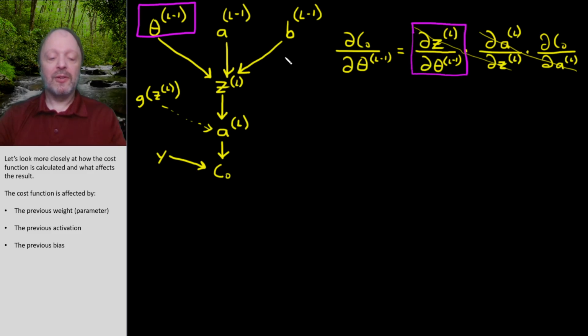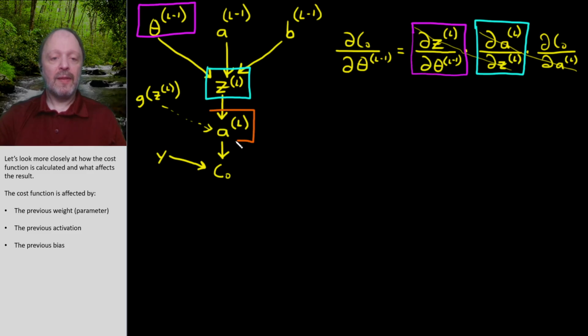And then I'm going to go with a different color. I'm talking about looking at how this piece affects the activation. And then finally, I'm going to go with orange for the last piece right here, how this affects the cost.